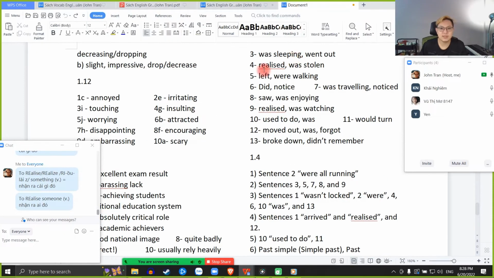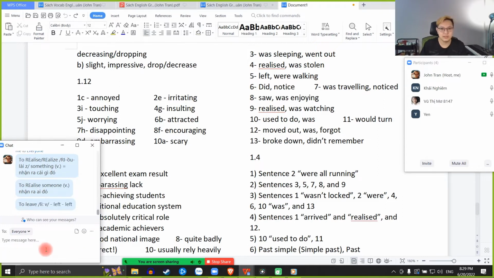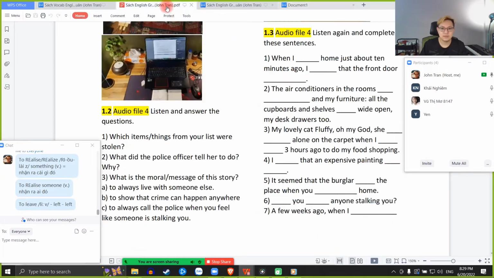Number 5 is the burglar left the place. Left. Đã rời. Leave, left. So basically, leave, y kéo dài. Leave, left. Rời đi. Left the place when you were walking home. Kéo dài.